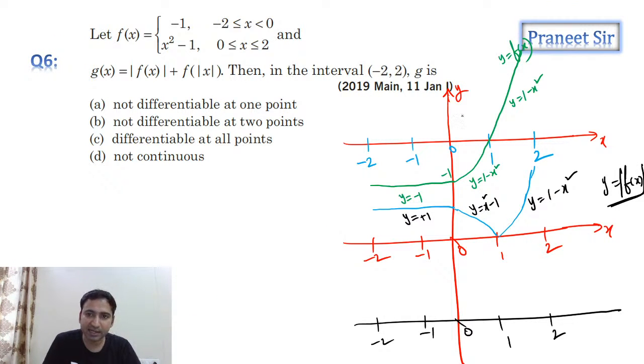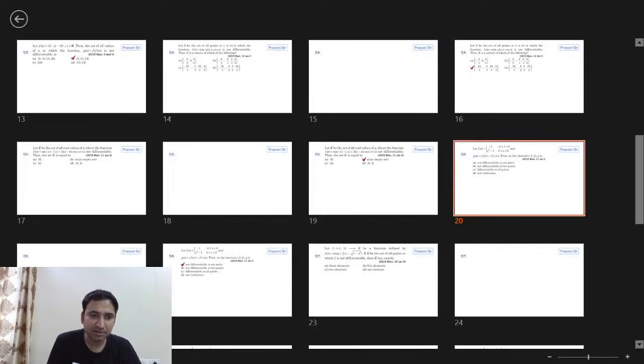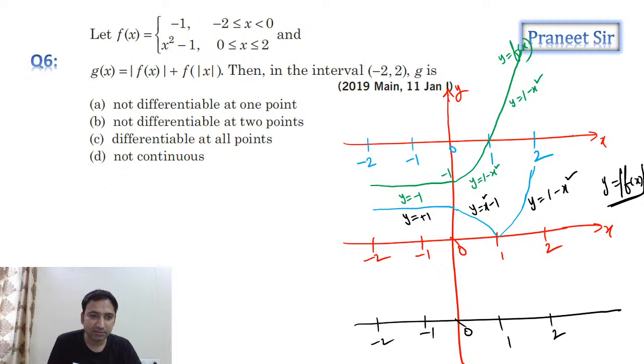So that means we can say that this graph should be the same as the right hand side also. That means the graph should be symmetric about the y-axis.